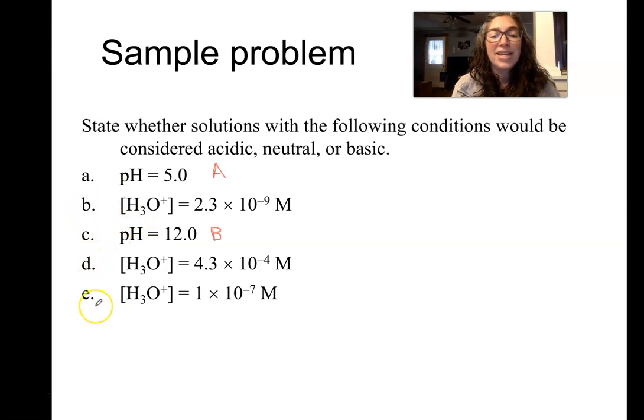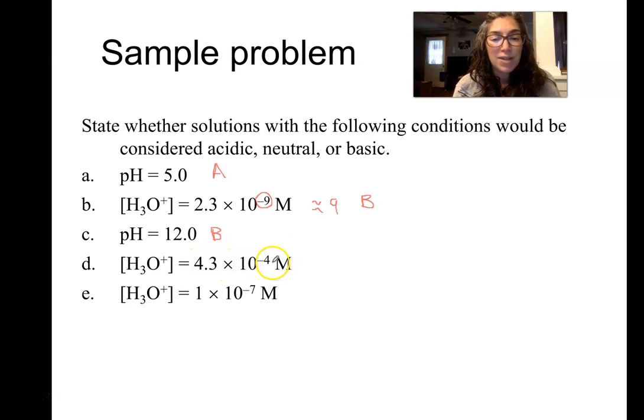B, D, and E give us a hydronium ion concentration, so we have to estimate what the pH is going to be. This one has an exponent, 10 to the negative ninth, so that's going to be a pH of about 9, and that is basic, greater than 7.